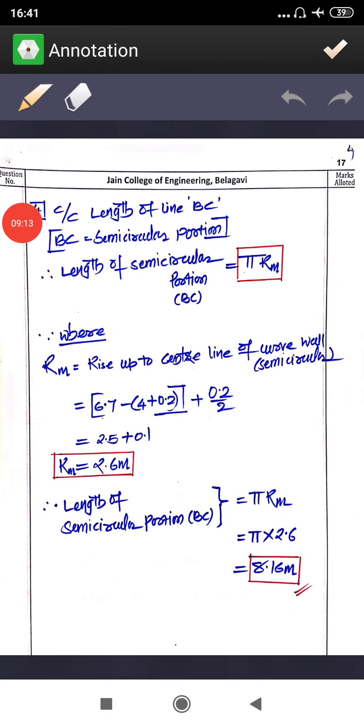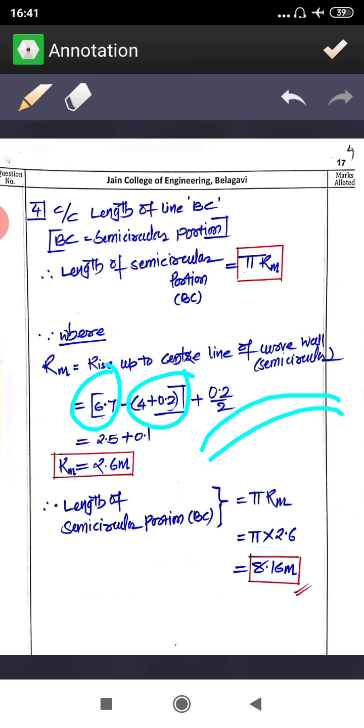Here, 6.7 minus 4 plus 0.2, then you'll be coming up to the inner face. This is the semicircular wall, and when you come up to the inner face, you have to add half of the wall thickness here so that you can come to the center line.